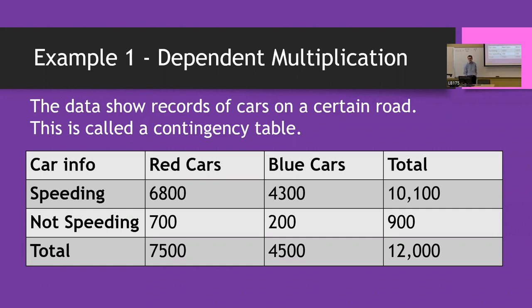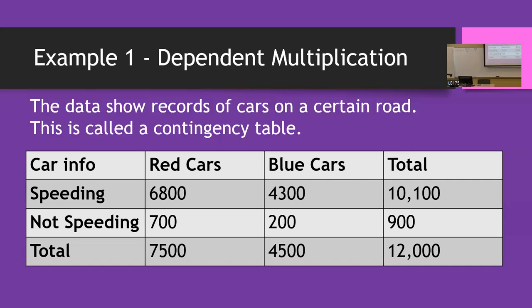Now, these data are from a total of 12,000 cars. And it shows if the car was speeding or not, and also if the car was red or blue. All other colors they've ignored for this table.